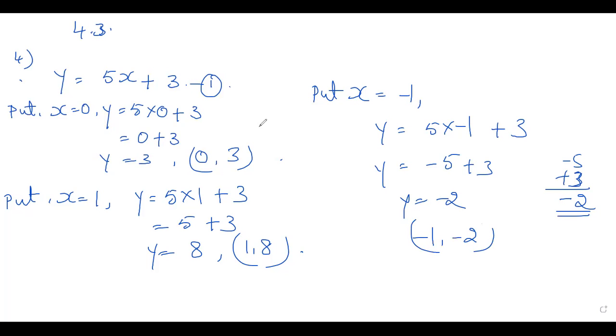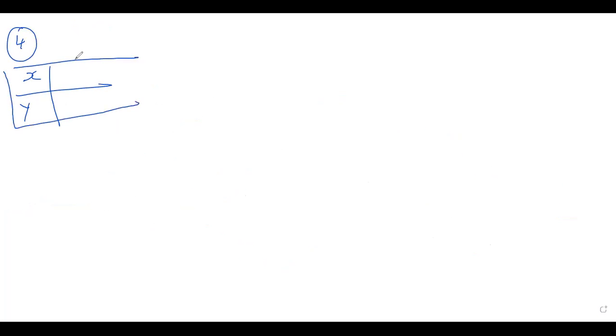That is enough, children. We have 3 sets of points here. Write it in the table and represent on the graph. x, y: 0, 3; 1, 8; minus 1, minus 2. Okay, children, we have 8 here. y is 8.